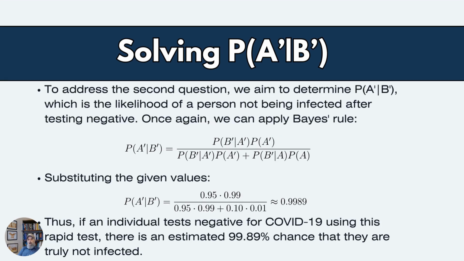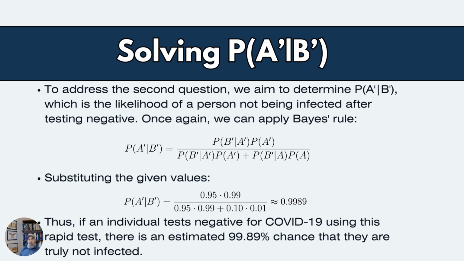Let's solve for P of A complement given B complement. Again, we can use Bayes' rule. P of A complement given B complement is P of B complement given A complement times P of A complement divided by this expression, which uses the law of total probability to describe P of B complement.